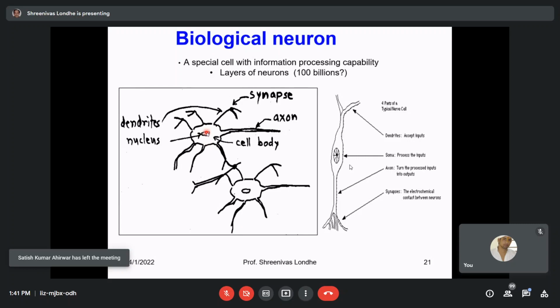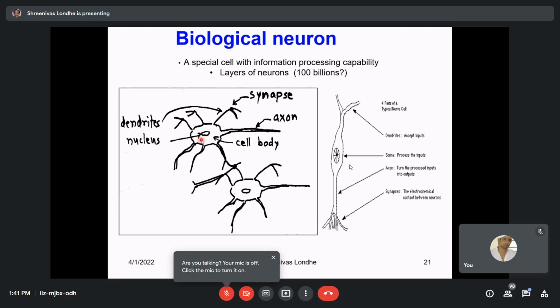The information being processed here is gathered together in this cell body. Signals come together in the cell body, and the summation of all the signals takes place. If this summation is greater than a particular threshold value, then the signal fires and the decision is taken fast.